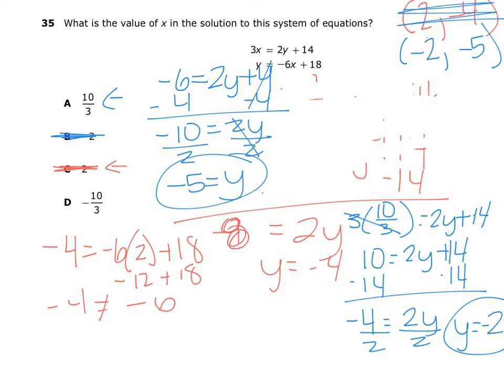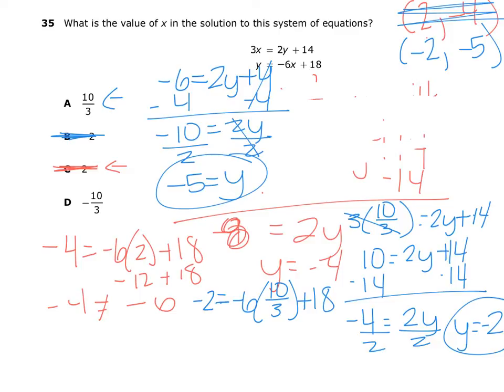So I'm going to take that negative 2. I'm going to plug it into the second one. So we're going to see if negative 2 is equal to negative 6 times 10 over 3 plus 18. This one I'm just going to plug into the calculator.